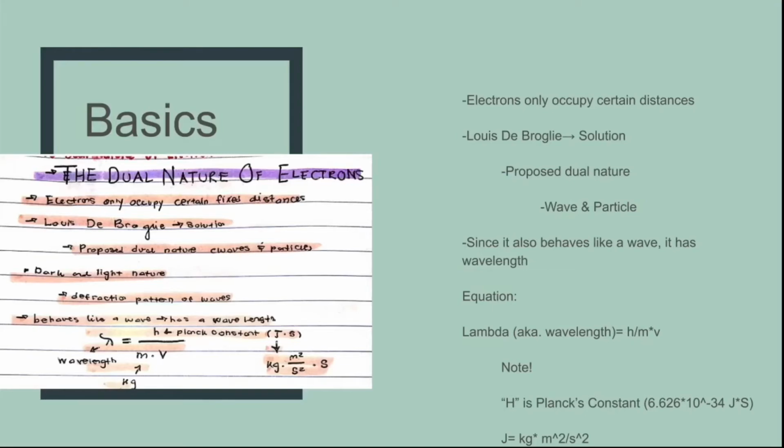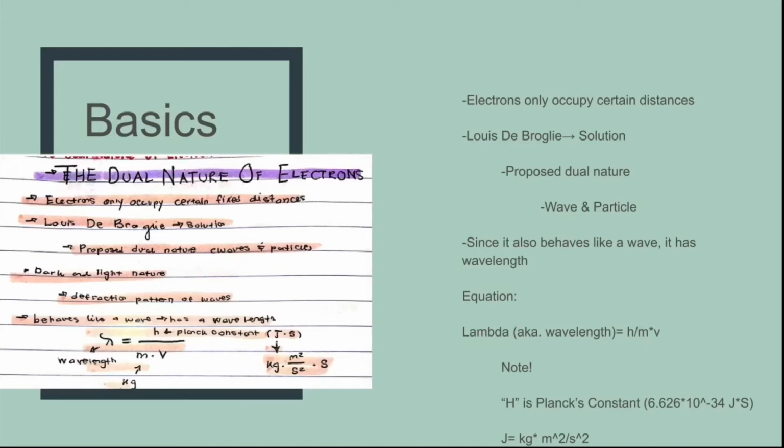Know that the amount is 6.26 times 10 to the negative 34 joules times seconds. What's also useful to know is the joule breakdown. You can break joules into kilograms times m squared divided by s squared, and this will be particularly helpful when we're trying to take mass from the denominator and cross it off with a mass from the numerator instead of crossing it off with joules, which would be confusing.